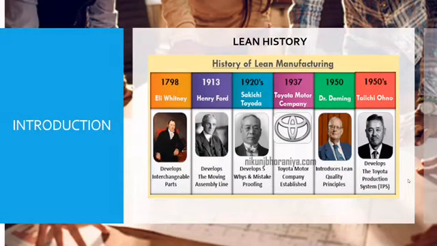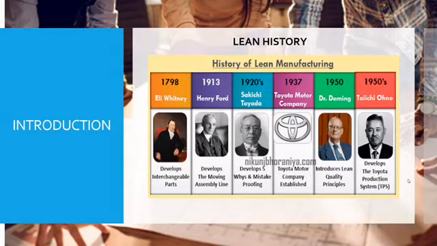Okay, we see in the slide is about the introduction of Lean history. Okay, we see the first is about the diagram. In 1798, Eli Whitney developed interchangeable parts. Then, in 1913, Henry Ford developed the moving assembly line.